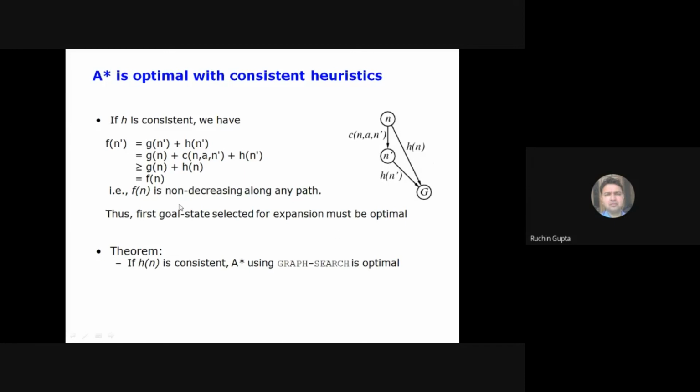It means that fn is non-decreasing along the path. So that's why if the heuristic function hn is consistent, A star using graph search will produce the optimal solution of the problem.